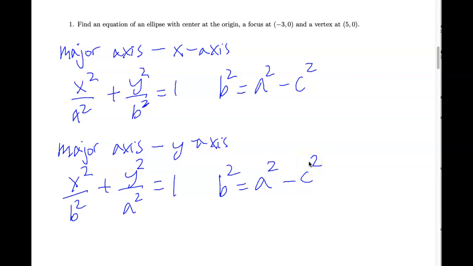And so, when you're doing these problems, you can always know which one is the major axis by a couple of ways. First, the larger value in the denominator for either of these is going to be associated to the major axis.